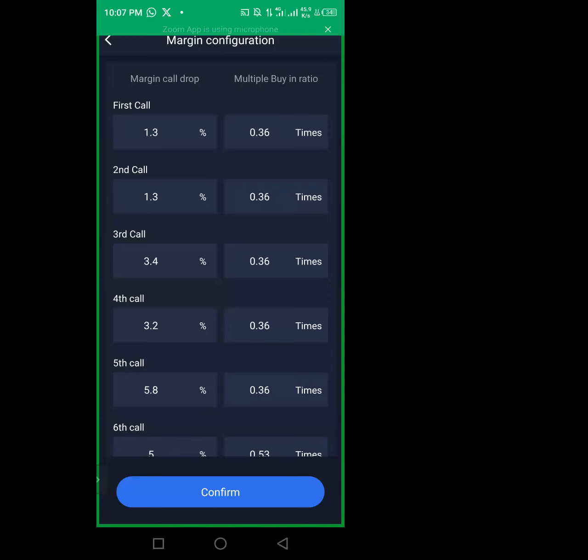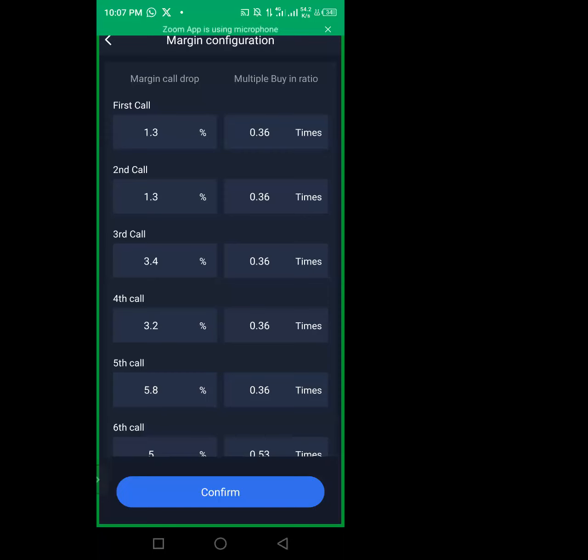If it drops by 3.2 again, it's going to buy another $11. Then the fifth time, it drops by 5.8%, and it's going to buy another 11. Then on your sixth call, if it drops by 5, it's going to buy, I think, $15.8.